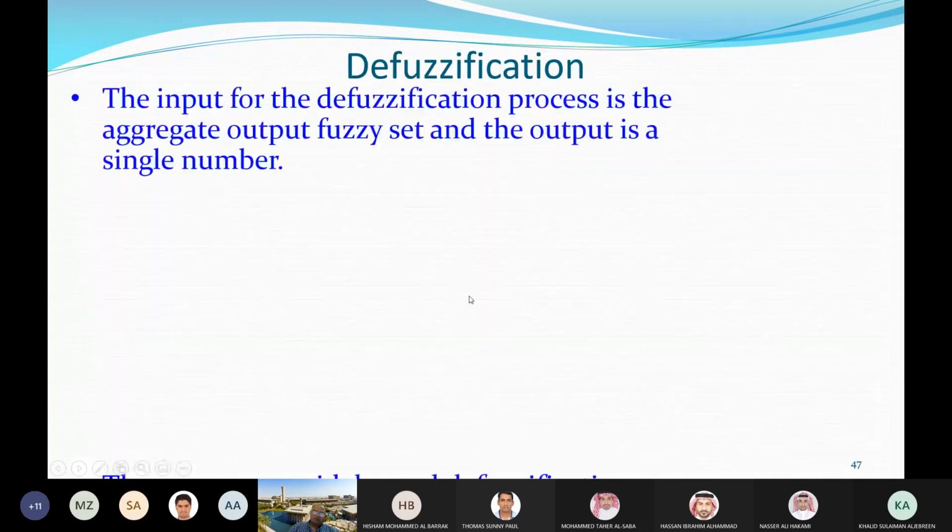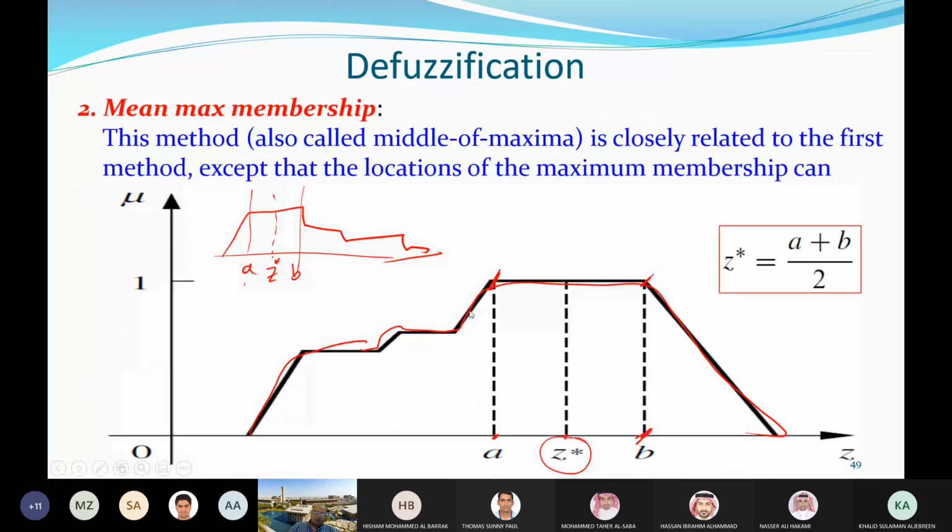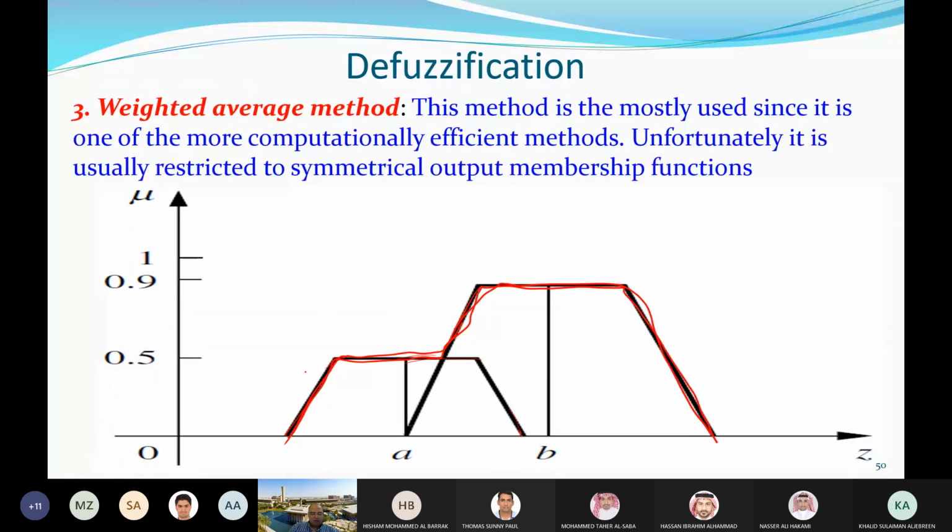So you can have such a case, but this membership function is symmetrical. This one is symmetrical around B, and this one is symmetrical around A. For A, the membership value here is 0.5, and for B, the membership value here is 0.9.